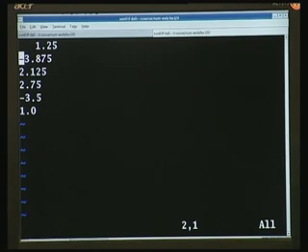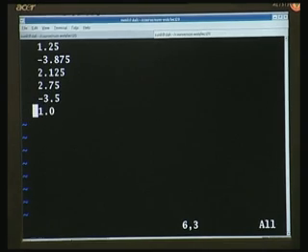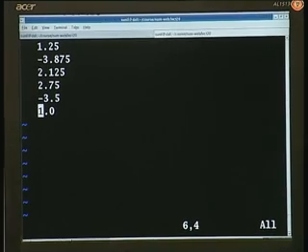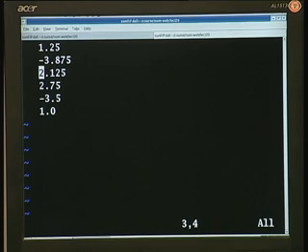This is the coefficient of the x to the power of 0 term, and the last one is the coefficient of the nth power term. So this is actually the coefficient of x to the power of 5. That is A5, and then this is the coefficient A4, A3, A2, A1, A0. So we are solving a 5th order polynomial here, to start with.